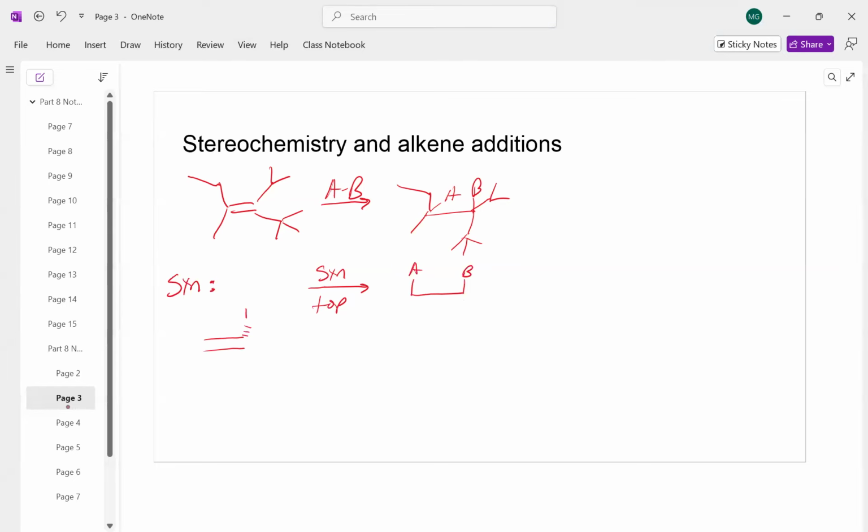So like this isopropyl group and this ethyl group, and then this tert-butyl group is coming out at you, and this methyl group is coming out at you. So if you were to make a model kit of this, rather than looking at it from the top down, look at it from the side.